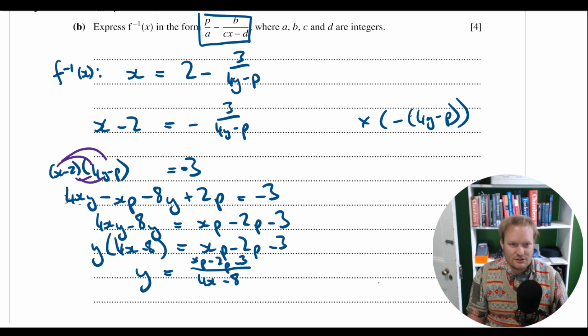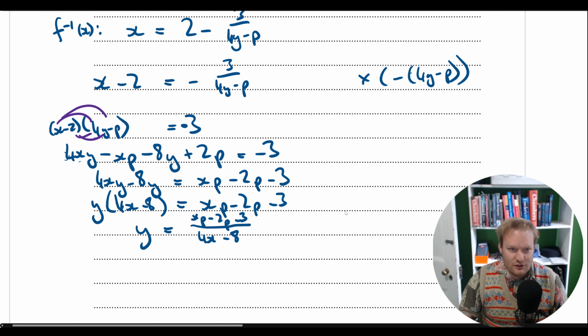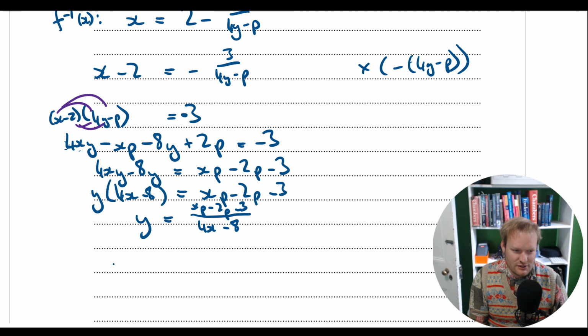4x minus 8. Now we can see in our final form that 4x minus 8 is looking promising for the denominator, but this p should not be over 4x minus 8. So this is where the algebra gets a little bit more interesting. We need to split this fraction up, right?